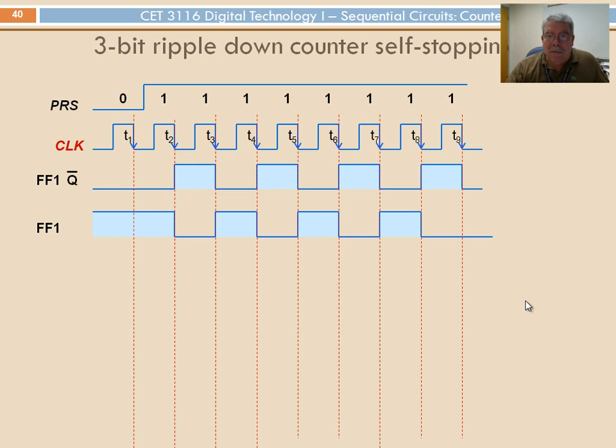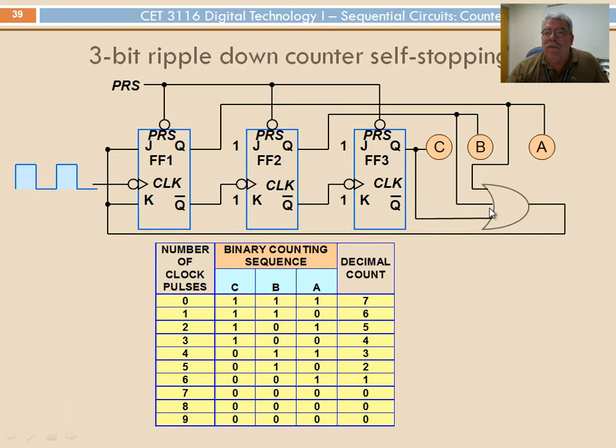Remember, because it's a preset, that will force each one of these flip-flops to have initially a 1 in the count, so that makes 1, 1, 1. And then we start rolling back, counting down. Okay, in this fashion. That's what we know, exactly as we did before.